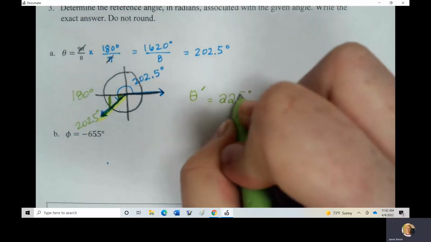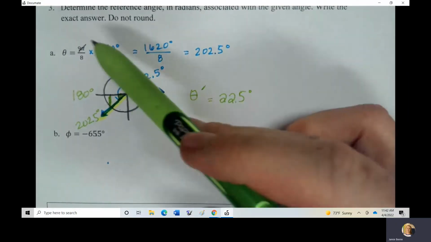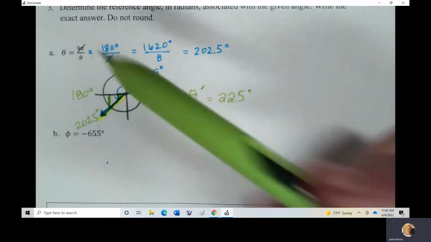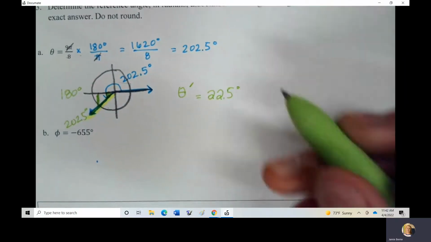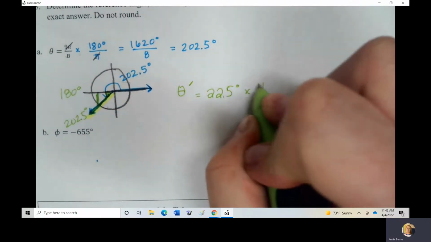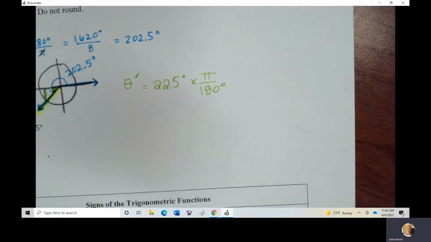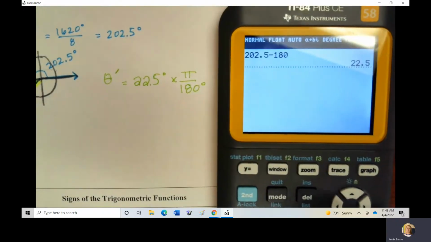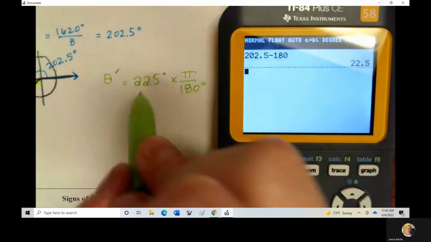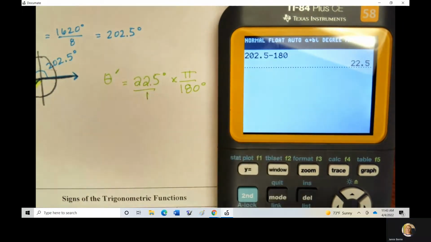Now that's great, but we were supposed to answer this in radians because our original angle was given in radians. So let's convert this back over to radians by multiplying by pi over 180 degrees. Here's my little trick for doing this easily. I'm going to pretend like this is over 1. I'm going to do 22.5 divided by 180, and convert that to a fraction.